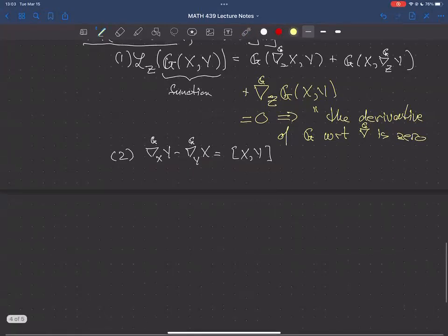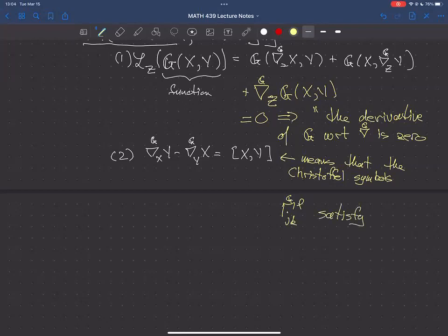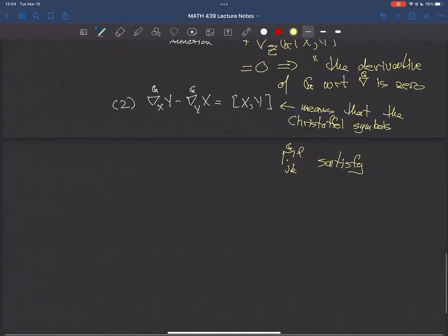Condition 2: this condition means that the Christoffel symbols, and I call these Christoffel symbols specifically nabla G, gamma G, L, J, K, satisfy that they're symmetric with respect to J and K.